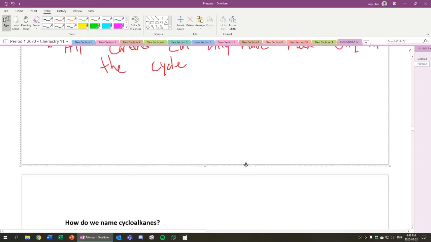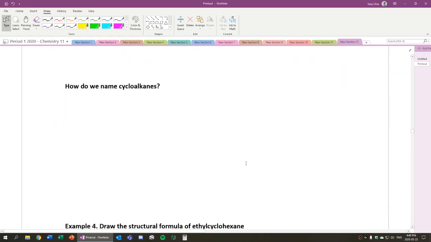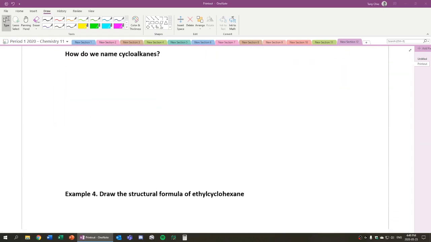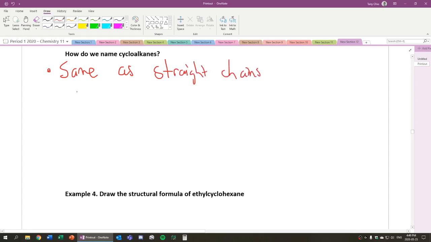So how do we name cycloalkanes then? To name cycloalkanes, we name them the same as before. So the big thing is same as straight chains. But now we add cyclo in front of the parent chain.